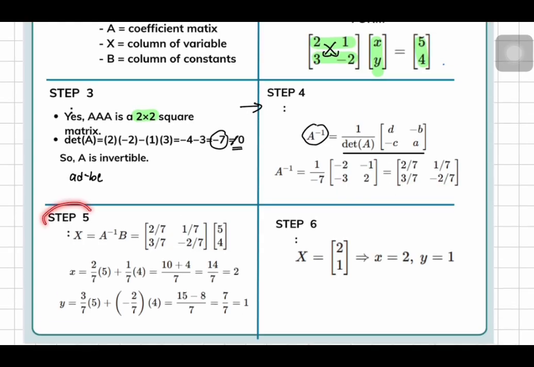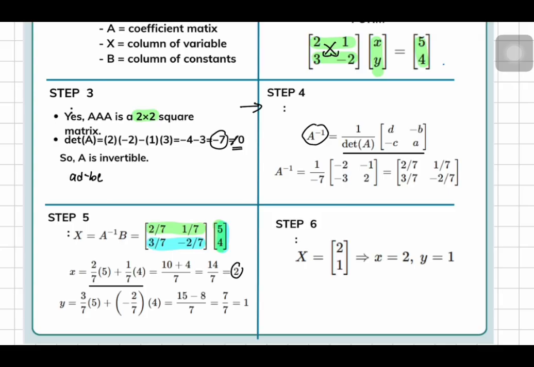Step 5 is to multiply the A inverse with B, which is the column of constants, 5, 4. To do that, we multiply this row with this column and this row with this column. So this is the calculation. 2 over 7 times 5 plus 1 over 7 times 4, we will get 2.